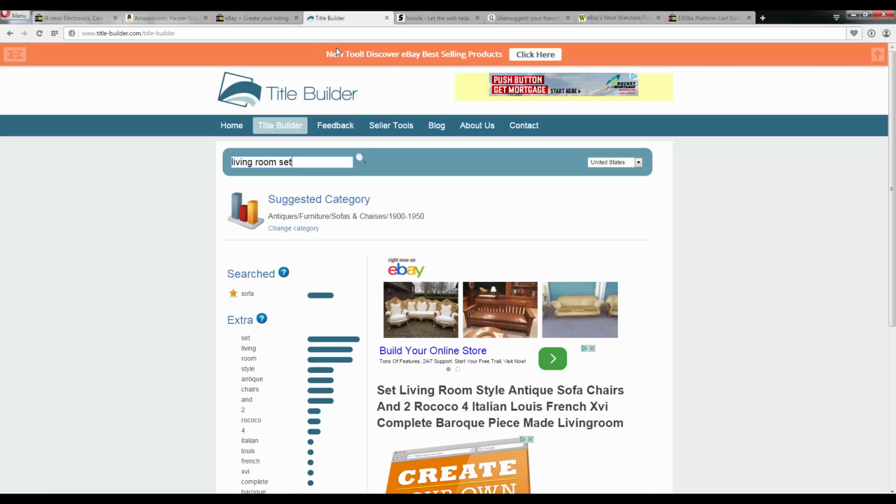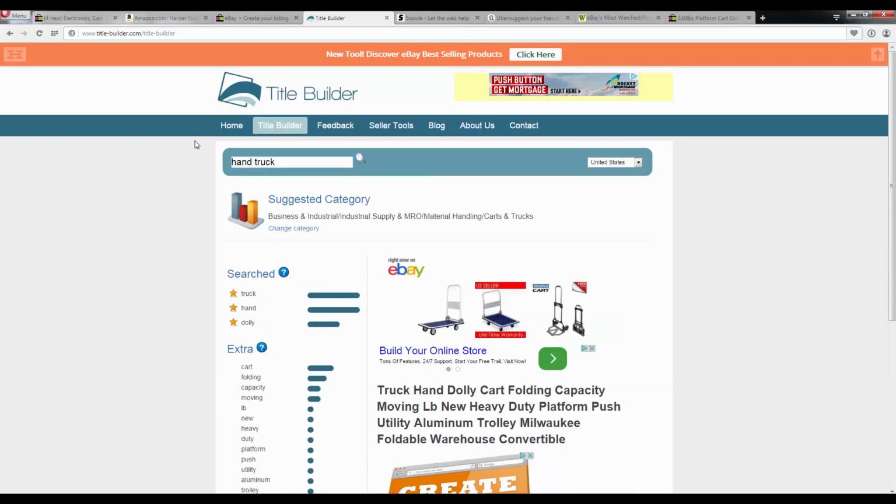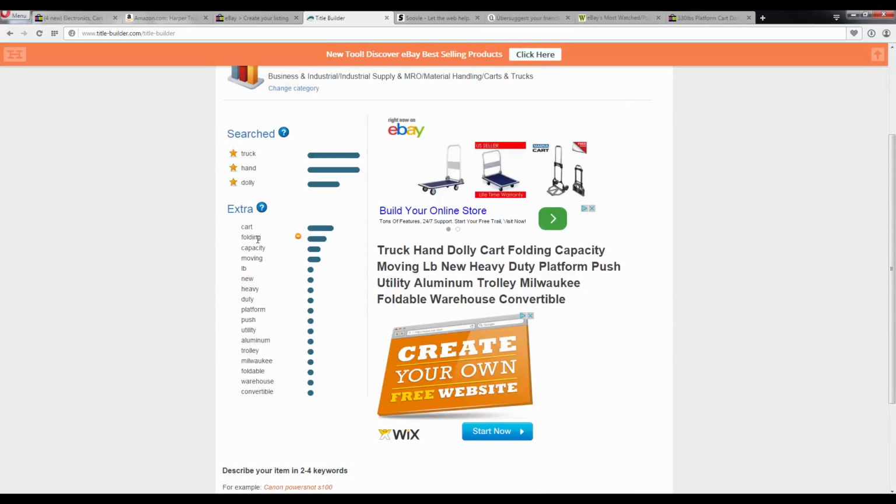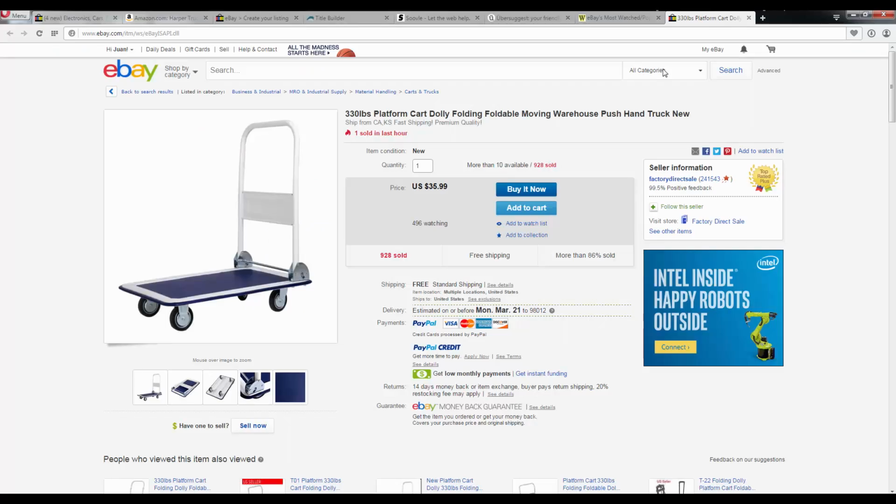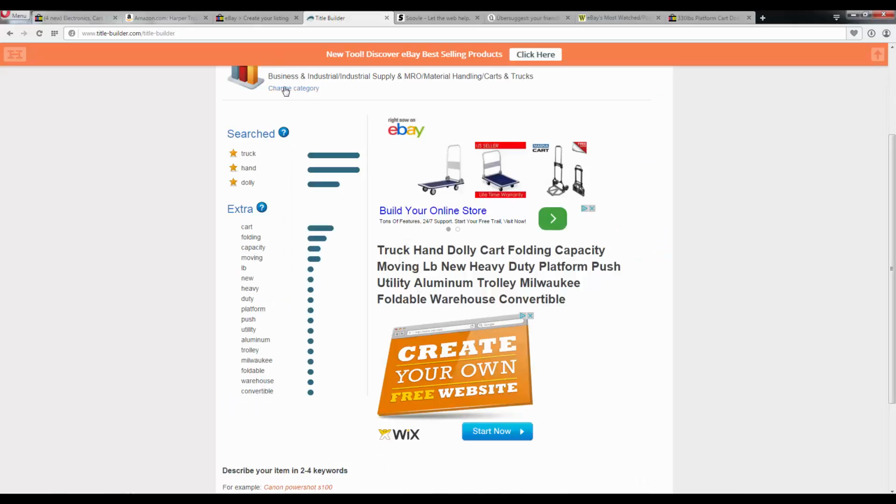Even if we go back to the title builder. Okay, let's go back to hand truck. Right, a lot of these are in there. Cart, let me see here. What was the other ones? Yeah, so they have cart, dolly, folding, foldable, capacity, LB, right? Platform, I think they had in there.